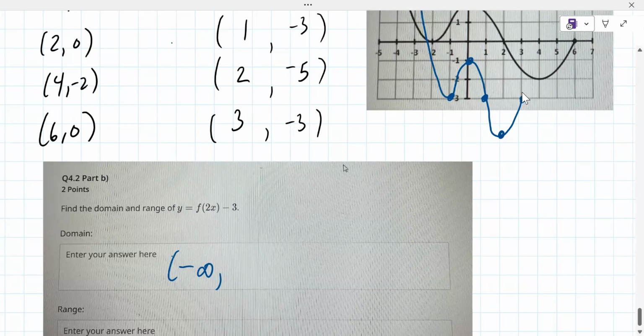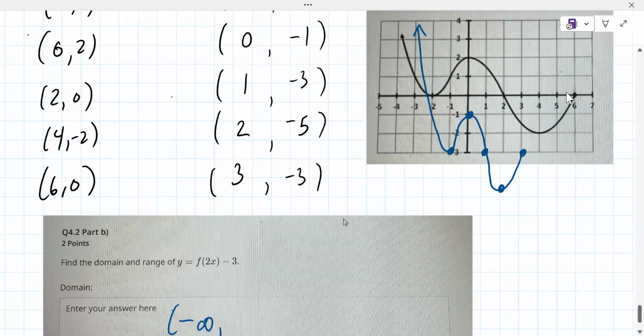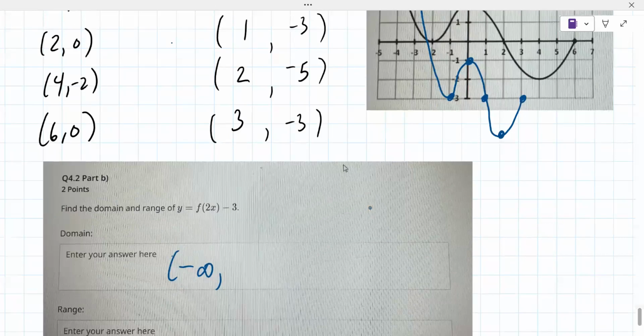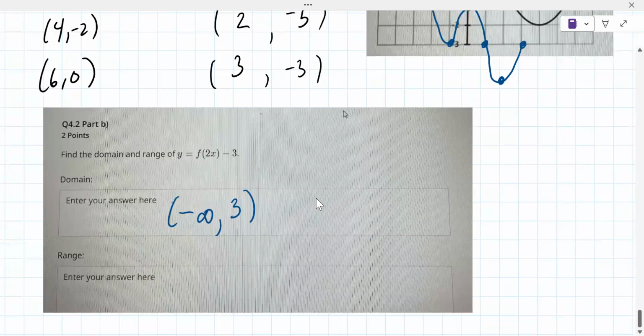In the blue, the transformed one. It's 3. Yes. Now the range, and you can think of the domain as left to right. The range is bottom to top.